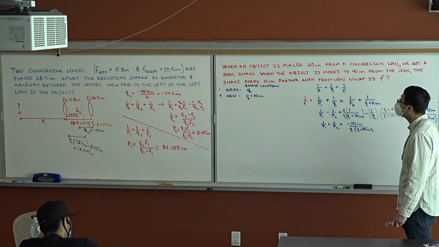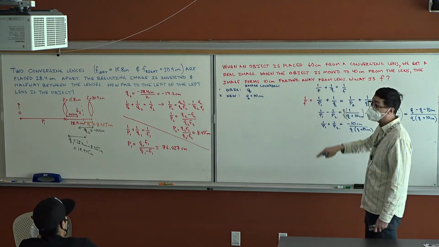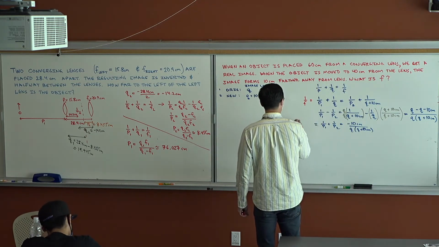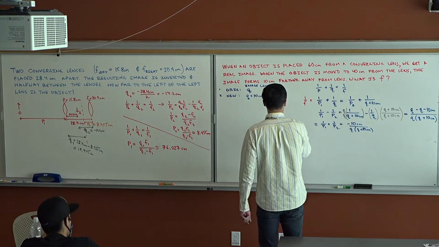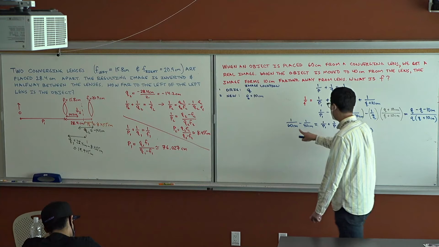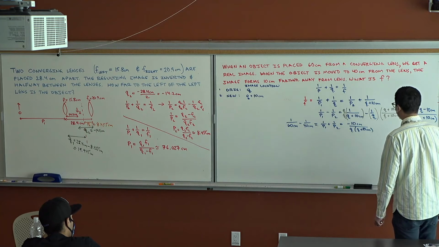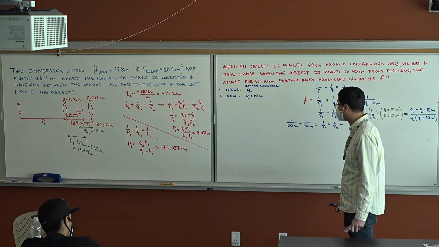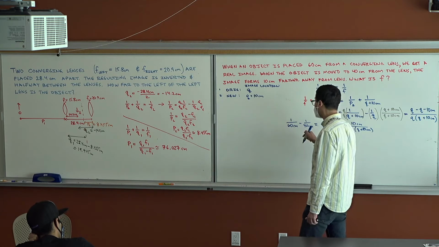But we know what P1 and P2 are, right? P1, P2. So while we're at it, if you'll forgive me, I'm going to multiply top and bottom of this one by 4 and top and bottom of this one by 6.